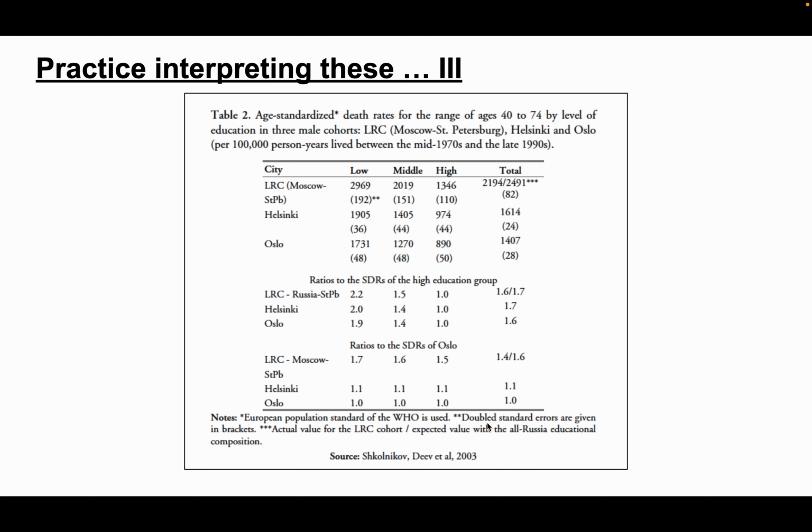Why do they have doubled standard errors? You might want to pause and meditate on that. The reason that they put doubled standard errors there is that doubled standard errors are also margins of error approximately for a 95% level of confidence. And so we can basically craft our own confidence intervals by adding and subtracting these quantities to these here.